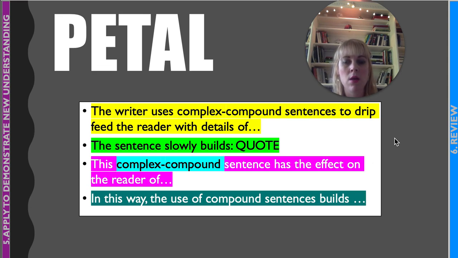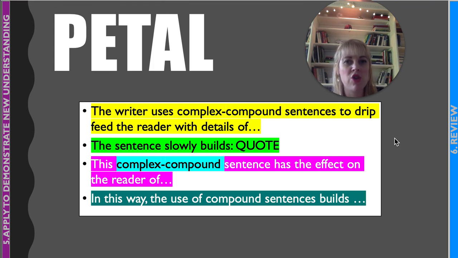Okay. For your second point, you've got to provide your evidence. The sentence slowly builds, and you want to choose a quote to indicate what moment we're building up to here. It's up to you which quote you choose from the extracts that we've looked at together on the last slide. You can always rewind the video and have a check there.